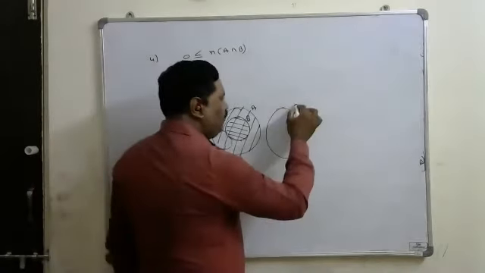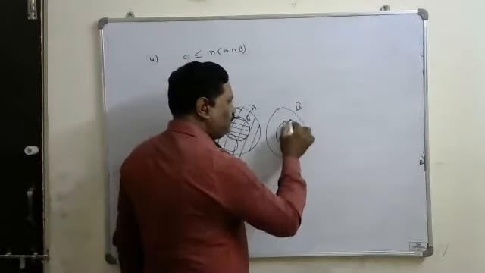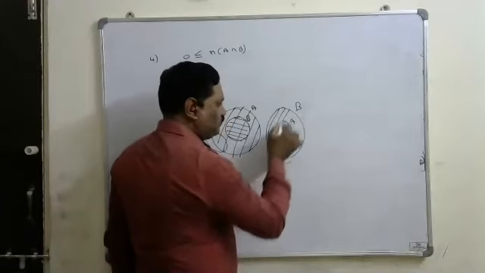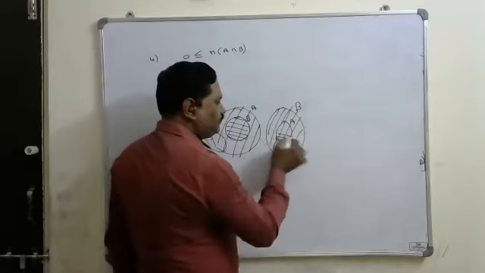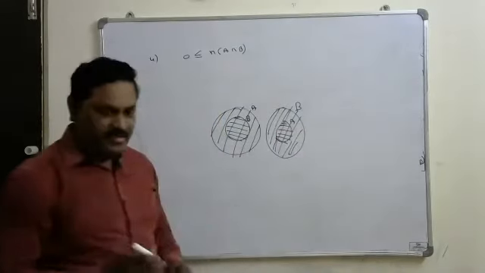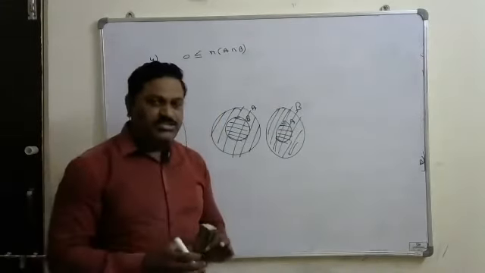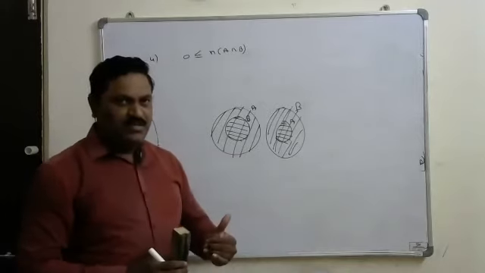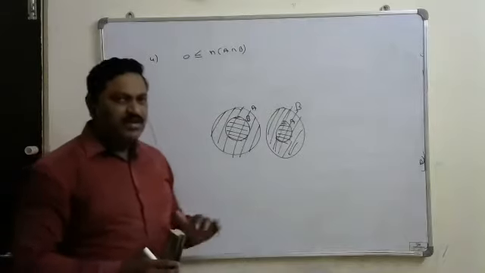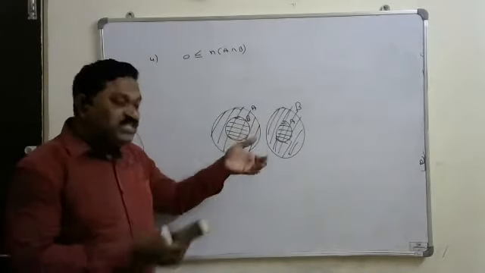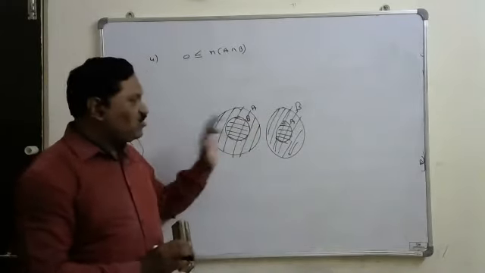Similarly, suppose B is bigger and A is smaller. Now, which is the common area of both? A. Here n of A intersection B gives us n of A. That will be the maximum value of n of A intersection B. Out of these, the smaller one is what we have to consider.